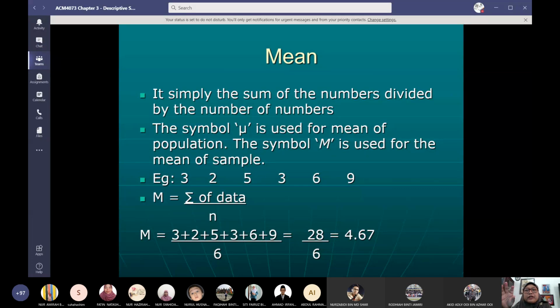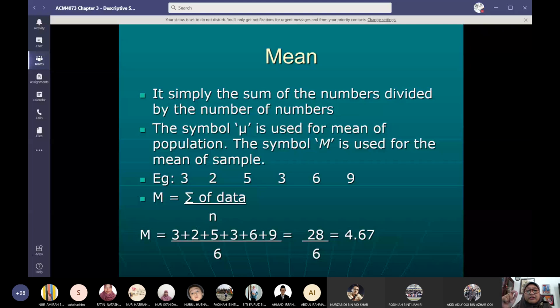You have an open-ended question for age. And then you have varieties in numbers, 18 years old, 20, 25. Now add them all up. Once it's complete, divide by the number of numbers. How many respondents do we have? 50. So that is the number of numbers.